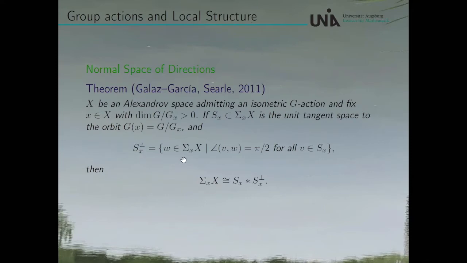It is all elements of the space of directions which are perpendicular to all elements of the unit spheres in the tangent space of the orbits. Then Fernando and Catherine Searle showed that the space of directions is isometric to the join of this sphere and the normal space of directions. This is a very useful tool in our work here.